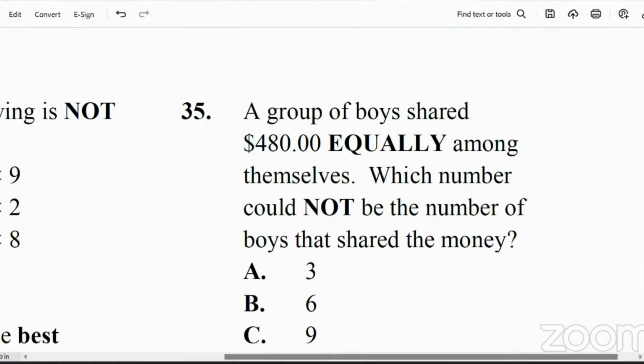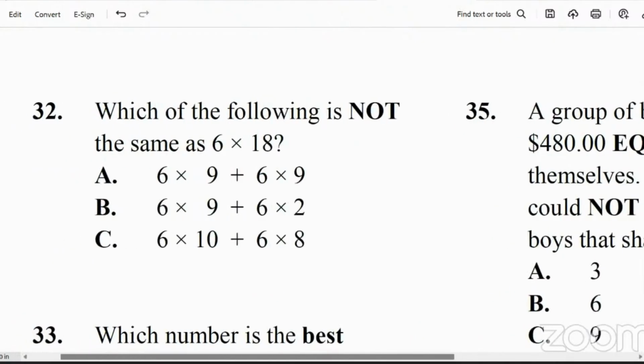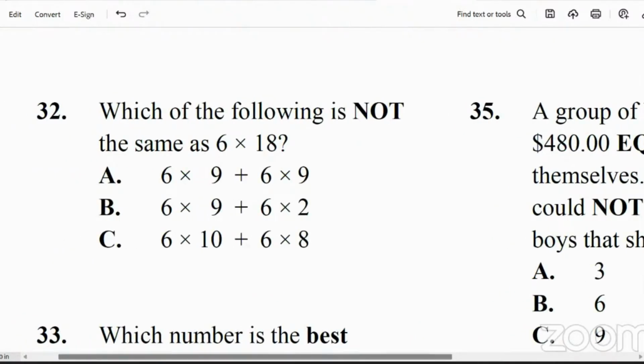All right, let's get to question 32. And as we stated in the other video, these questions have two columns, so we have to be switching from side to side. Question 32 says, which of the following is not the same as 6 times 18? All right, so we have 6 times 9 plus 6 times 9.